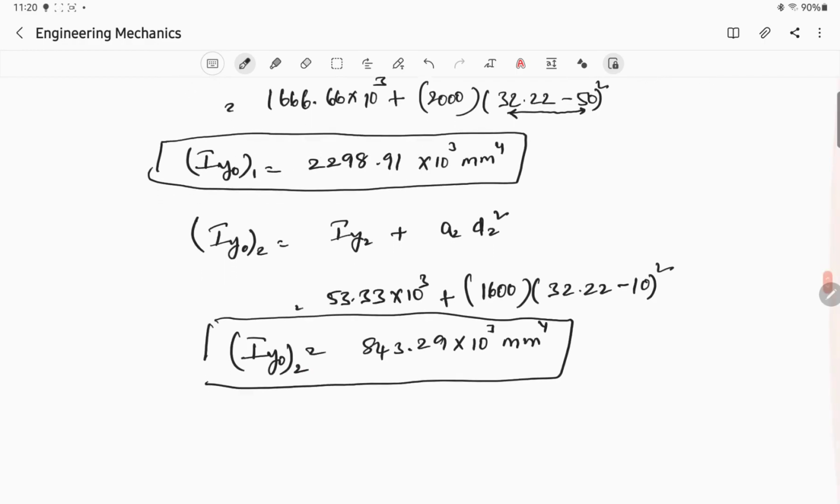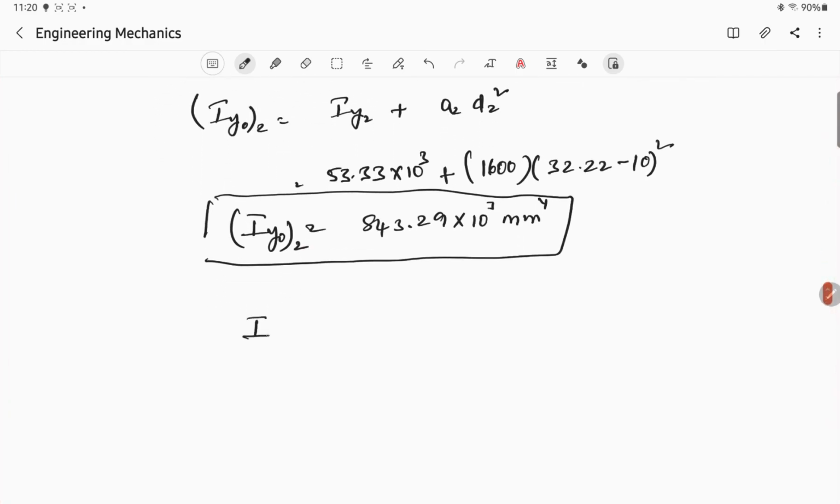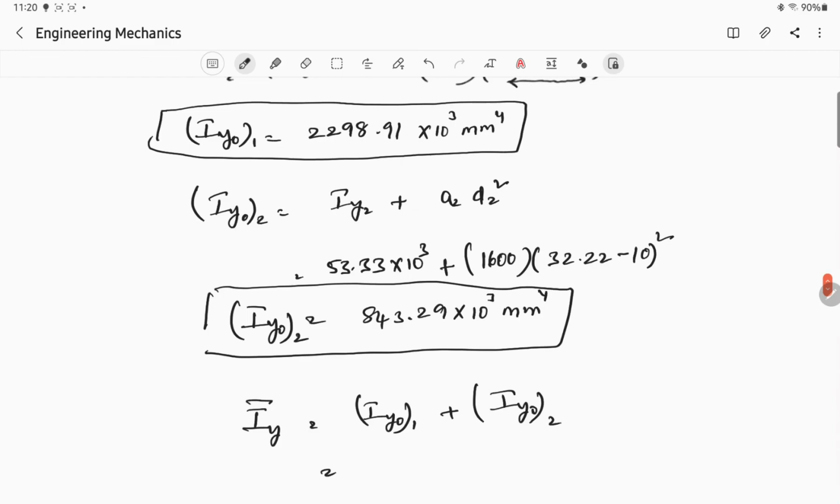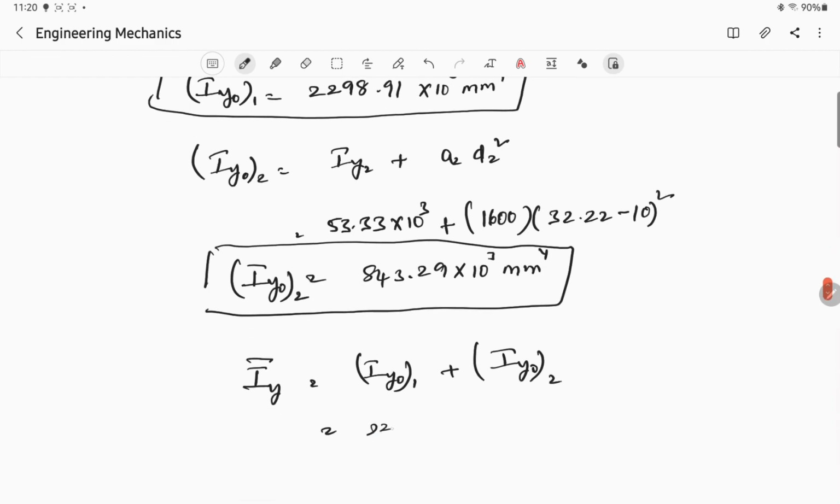So what is the moment of inertia of all? Iy bar is equal to Iy naught of first element plus Iy naught of second element. So what are the values we have? 2298.91 into 10 power 3 plus 843.29 into 10 power 3.